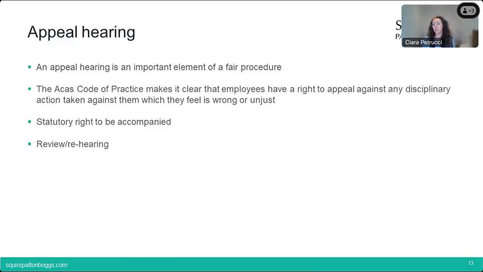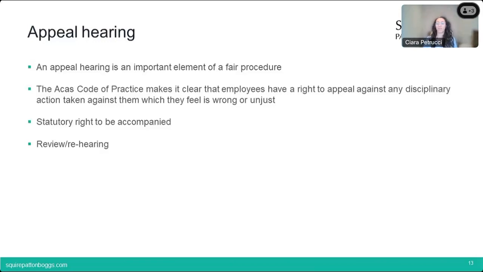And I saw a question about somewhere, sorry, there's quite a lot now, so I'm just trying to find it. There was one question about in smaller organizations, who's conducting these things. And sometimes, yeah, you do have difficulty when you get to appeal stage and you haven't held someone back and you don't have someone more senior, and that is where you might start thinking about using external consultants.